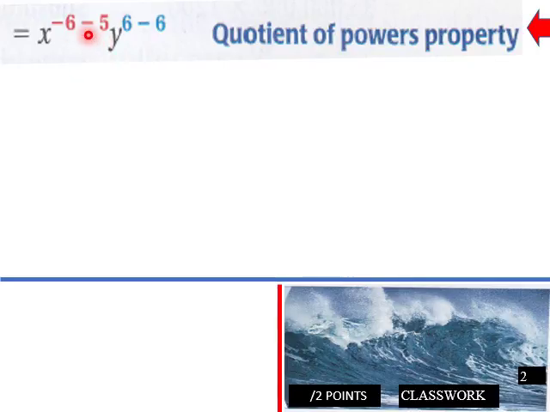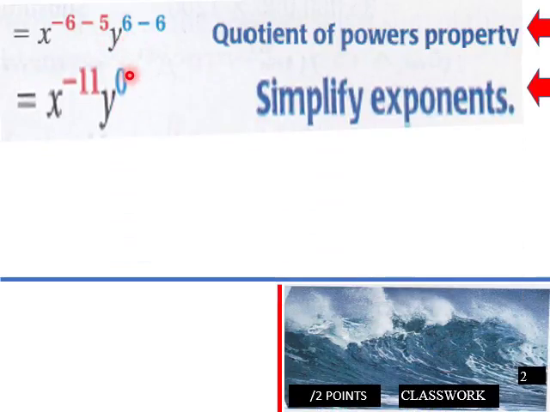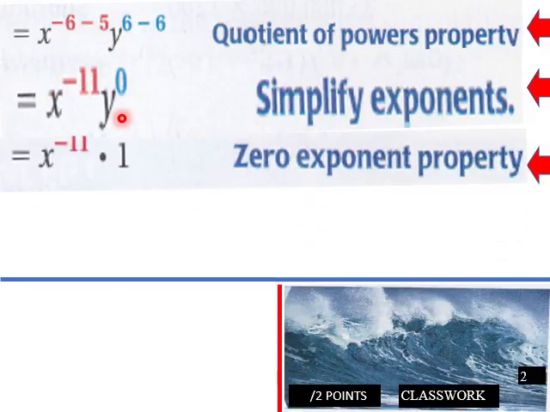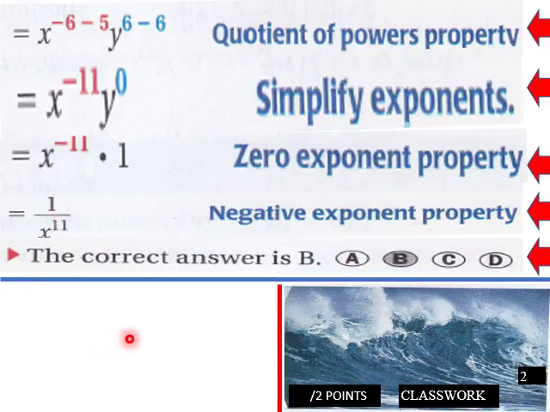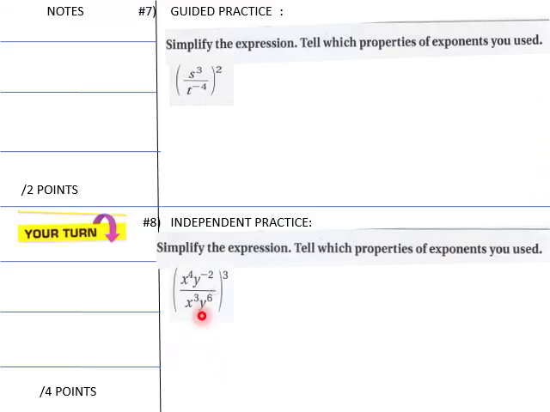Now we had a denominator, so we're going to use the quotient property of exponents there. So we have x to the negative 11th, y to the 0, which is 1. So x to the negative 11 times 1. We just get x to the negative 11th, which is 1 over x to the 11th power. So B would be the correct answer to that one.